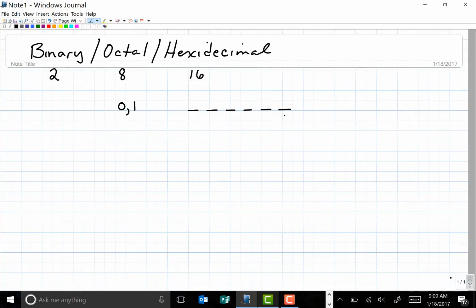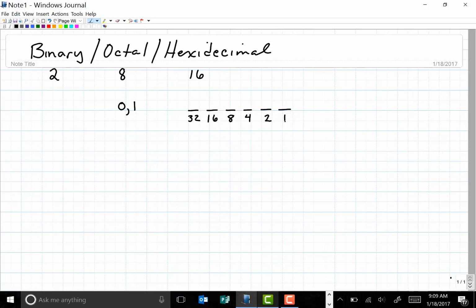So we're going to have 2 to the 0th power, which is 1, 2 to the 1st power, which is 2, 2 to the 2nd power, which is 4, 2 to the 3rd power, which is 8, 2 to the 4th, which is 16, 2 to the 5th, which is 32, and so on. Notice all of our place values are just powers of 2.